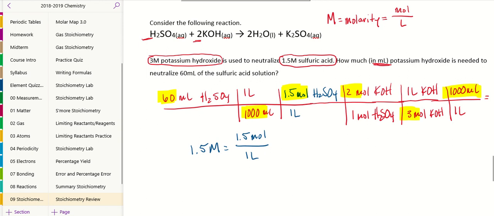If you want to simplify it, 1,000 cancels out with 1,000. 1.5 times 2 is 3. 3 divided by 3 is 1. So those cancel out. So do we have to even calculate this? No. Your answer is 60 milliliters of KOH.